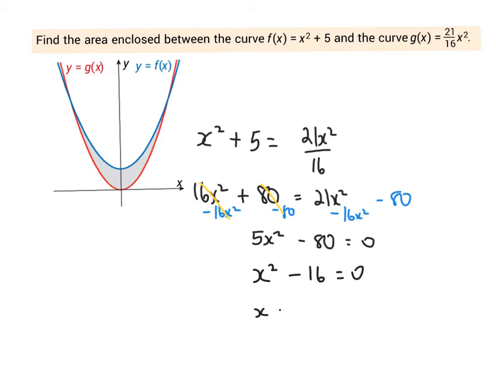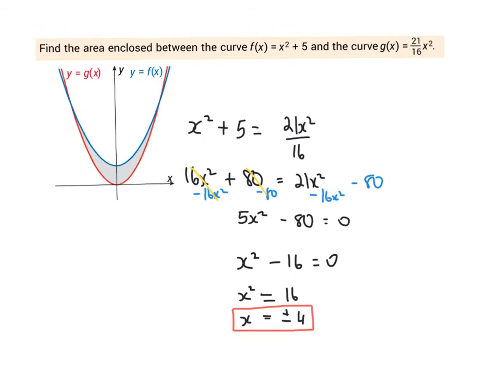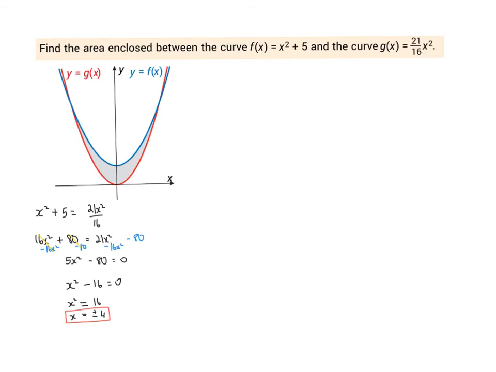So x squared is equal to 16, and x is equal to plus and minus 4. So there are now 2 x values for the points of intersection, and they are now our bounds for our integration. We'll just put those aside over here.